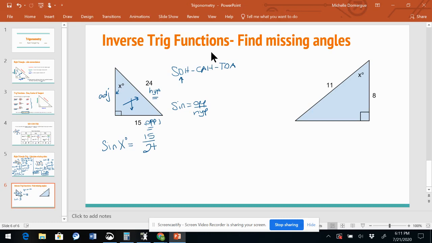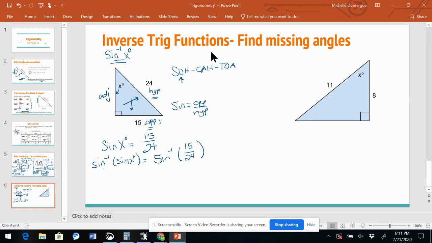Okay, now in order to get my angle from this equation, we need to use what is referred to as inverse trig functions. Inverse trig functions are written as sine inverse of our angle x. So I'm going to take the inverse function of both sides of this equation: the inverse sine of sine of x and the inverse sine of 15 divided by 24.